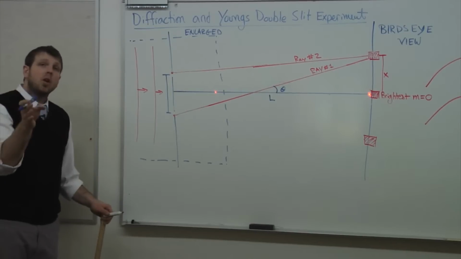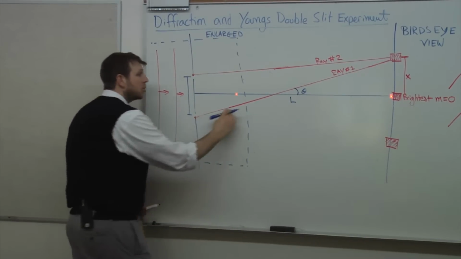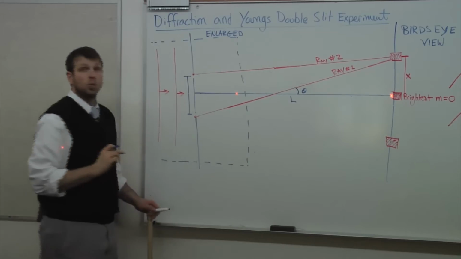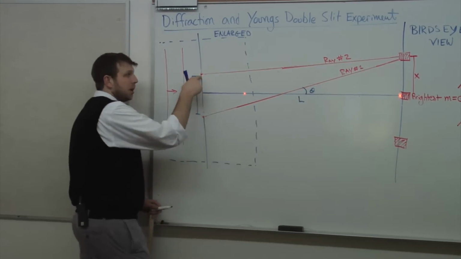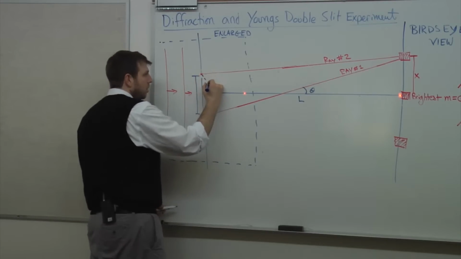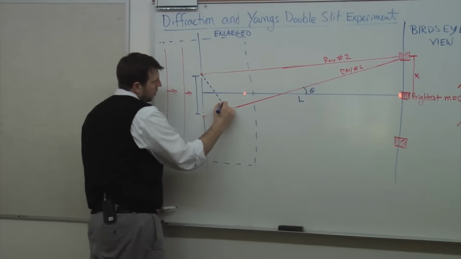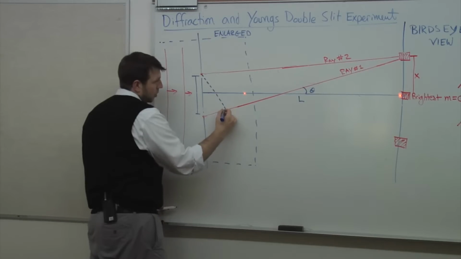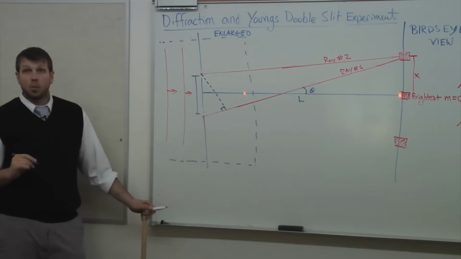Now, here's how this works with our rays. I want to know how much longer of a distance ray 1 traveled from ray 2. So I'm going to pick this spot where our ray originated from, and I'm going to drop down a perfectly vertical line, or as vertical as I can make it, so that it makes a 90-degree angle with ray number 1.